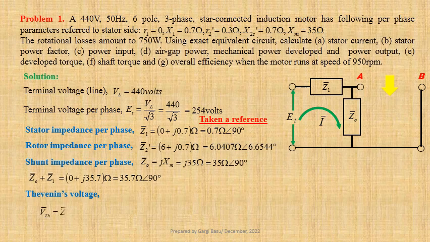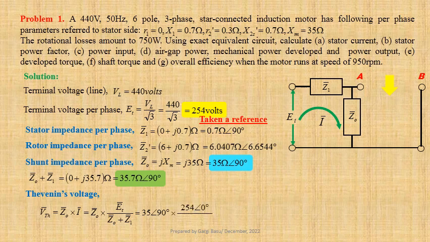VThevenin equals Z0 into I, that is equal to Z0 into ET divided by Z0 plus Z1. Using values we get 35 at an angle 90 degree into 254 at an angle 0 degree divided by 35.7 at an angle 90 degree. That gives us 249 volts at an angle 0 degree.